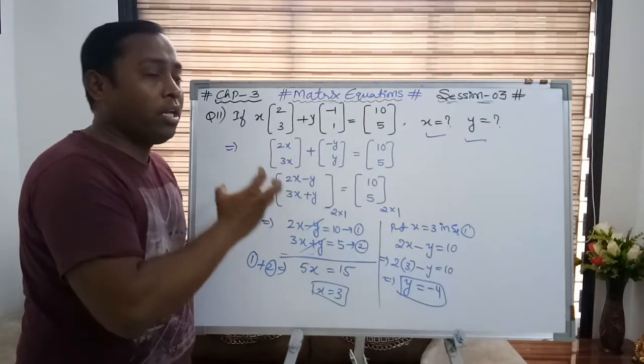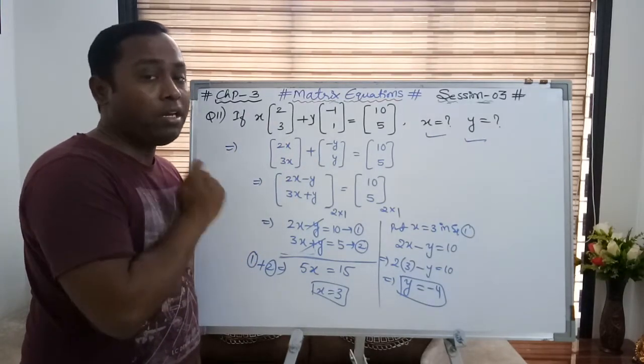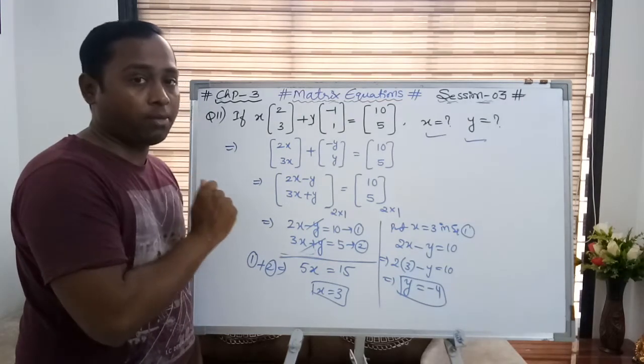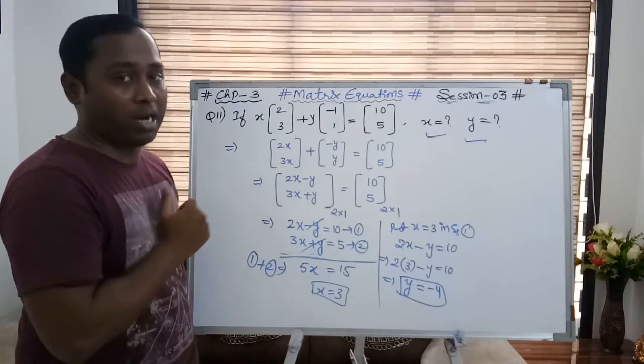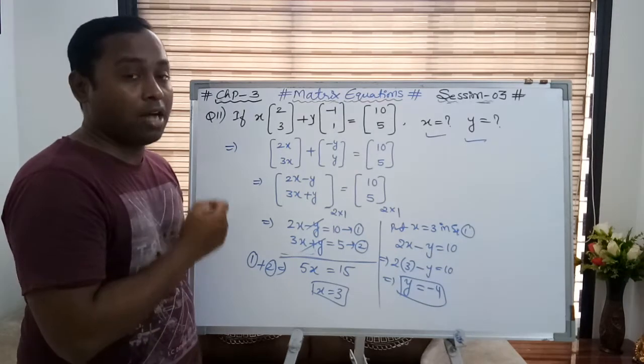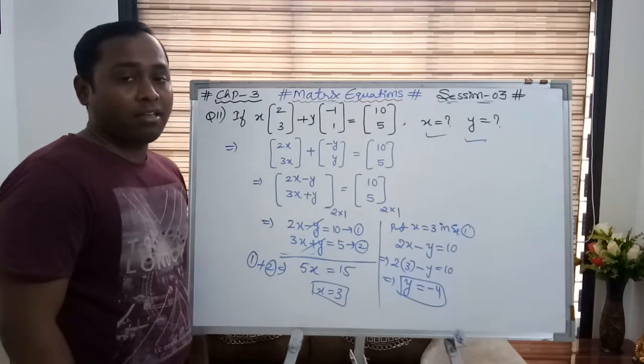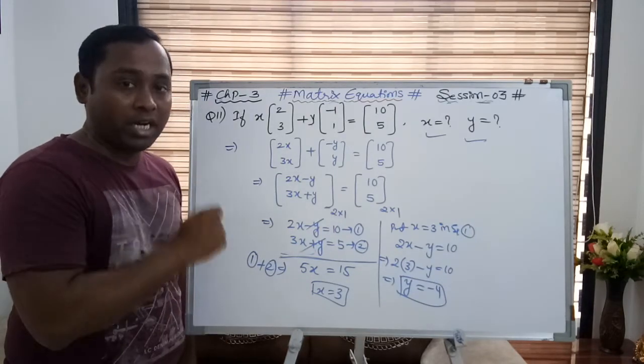Apart from this, one important question which has been asked in the previous years many a times for 4 marks or 6 marks. So let's take that higher order thinking skill question based on the matrix equation from the textbook itself.